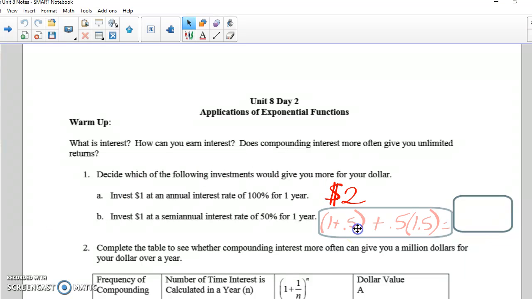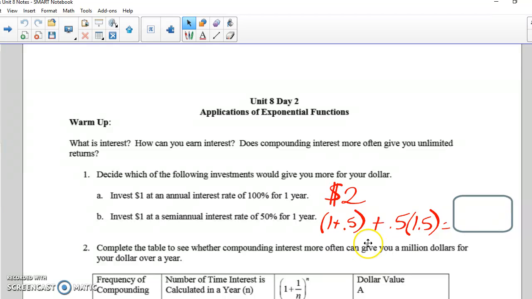So here's a way that we would represent that. This first bit is 1 plus 0.5. The reason why is we start with that $1, and then since our interest rate is 0.5, we add on 50 cents. Okay, so we have $1.50 halfway through the year. And then we add on to that 50% of the 1.5, because that's what we're going to get for the second half of the year.